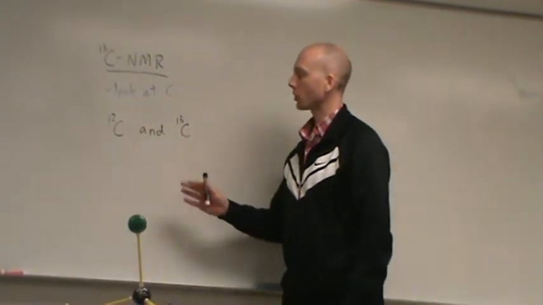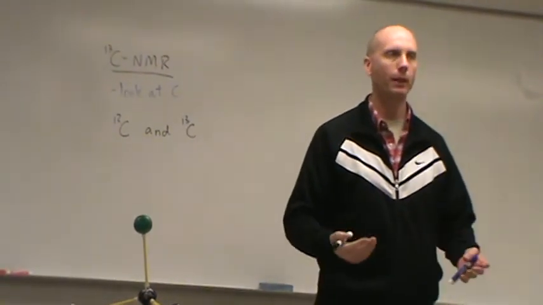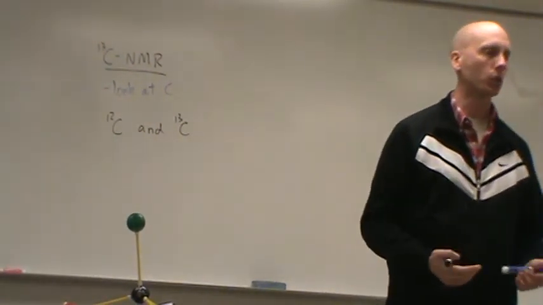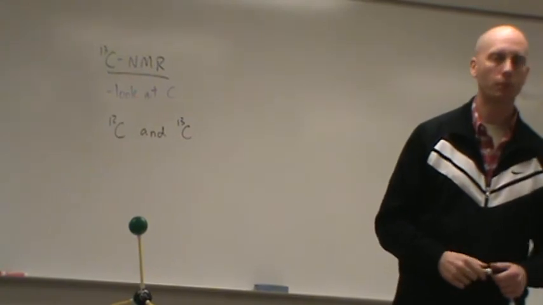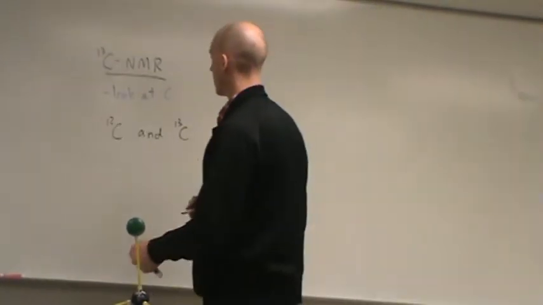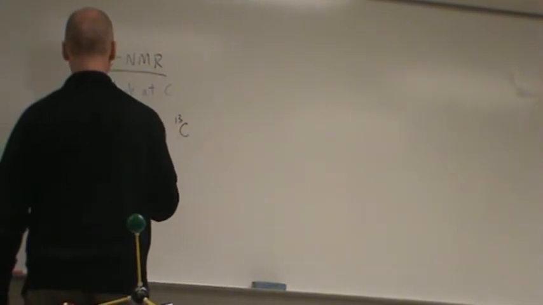Which of these two do you think is the most abundant in all of our molecules? Carbon 12. So carbon 12 is the most abundant.